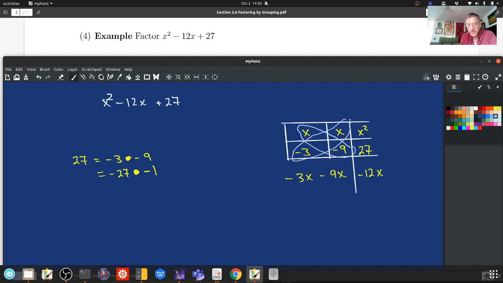How do I know I'm done? Because when I multiply across, I get x squared. When I multiply across, I get 27. When I add, I get minus 12. So x squared minus 12x plus 27 is equal to x minus 9 times x minus 3.